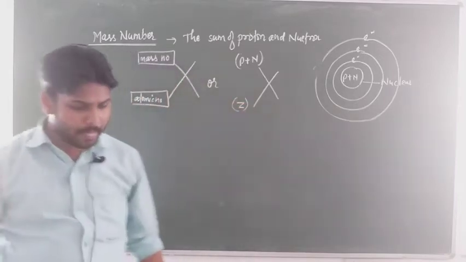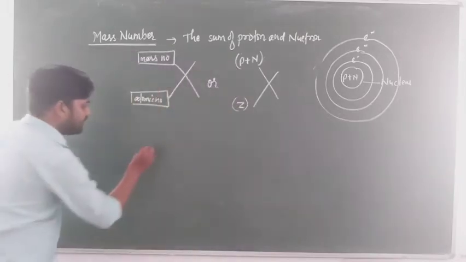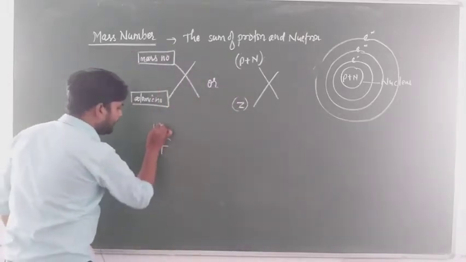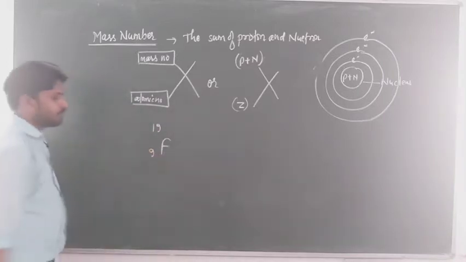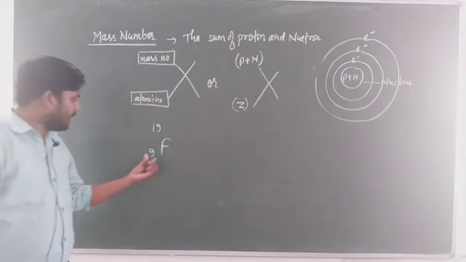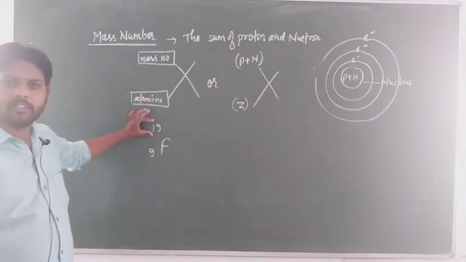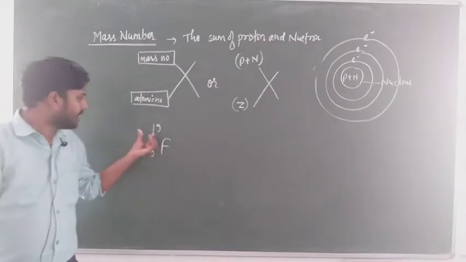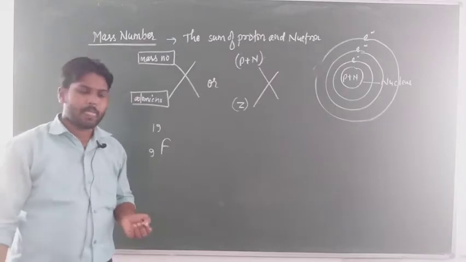Clear, students? For example, if fluorine is given there, fluorine 19 and 9. Suppose the element fluorine is given there. I have told you that here the mass number will be represented and here the atomic number will be represented.